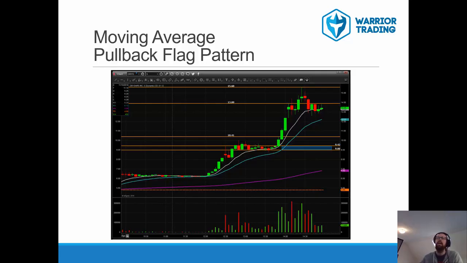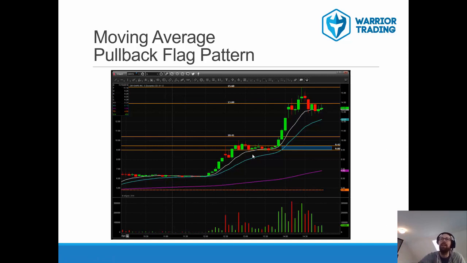I know I do that from time to time, and it usually happens when I get into a stock too high. I buy the stock too high, and then when it pulls back down to support, I'm like, well, I don't want to sell on support. It's pulling back to the 9 moving average. This is a place where traders who are waiting for the first pullback will get in.